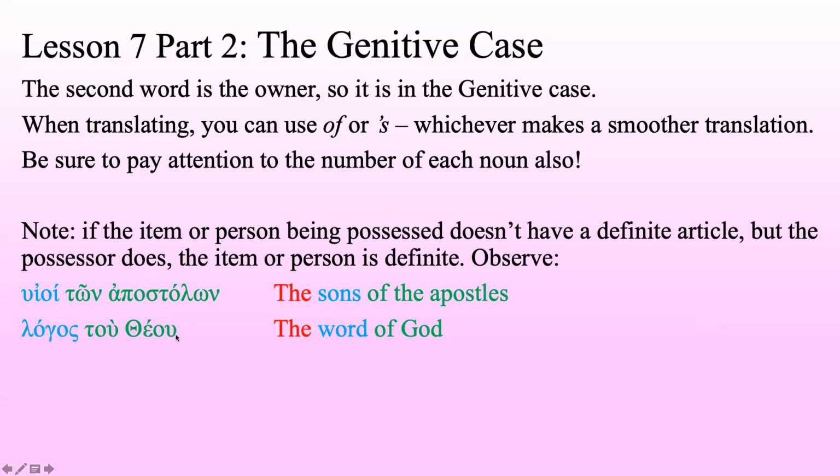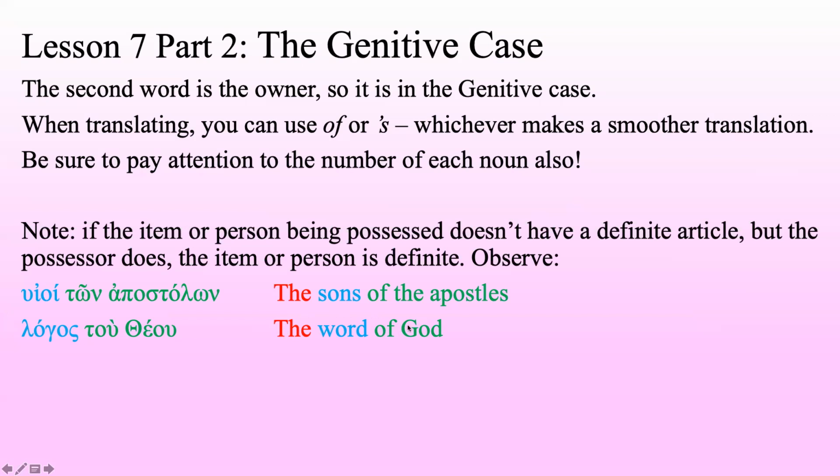Logos tou theou, the word of God. Even though logos over here doesn't have a "the," it's not just some general generic word of God. It's specifically the word of God. Now, this one's actually a little bit weird because in English, we don't translate the "the" for God. So it almost looks like the "the" just jumped over here.